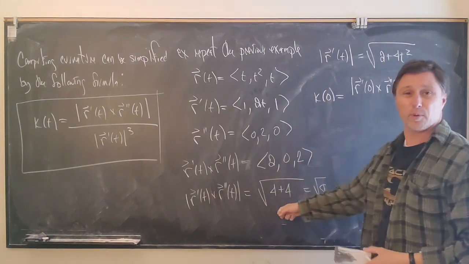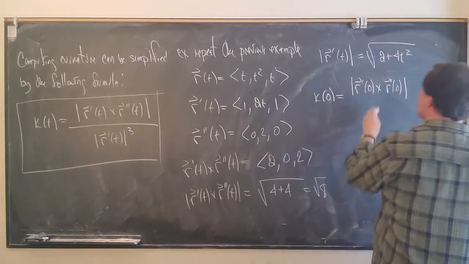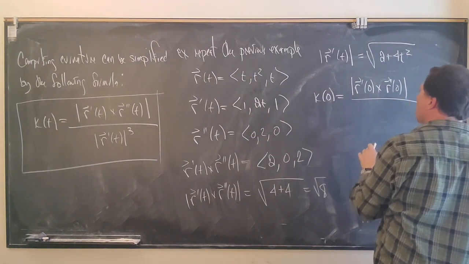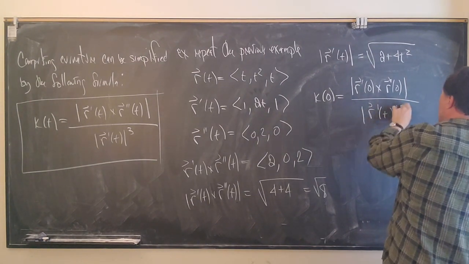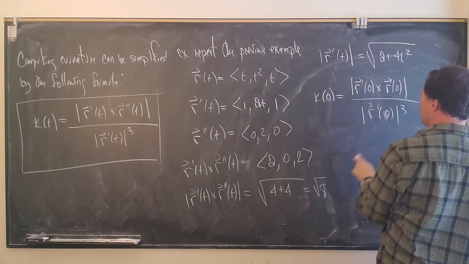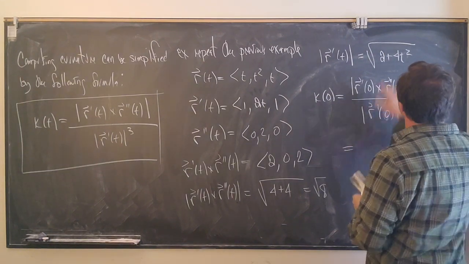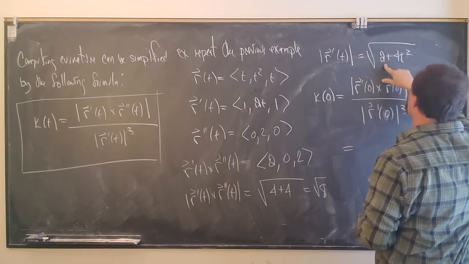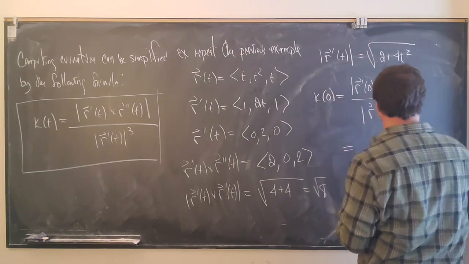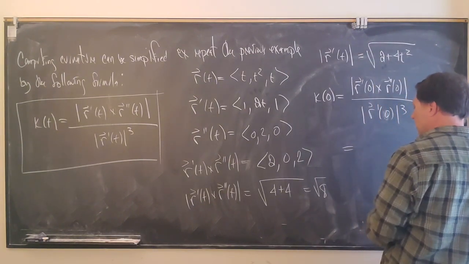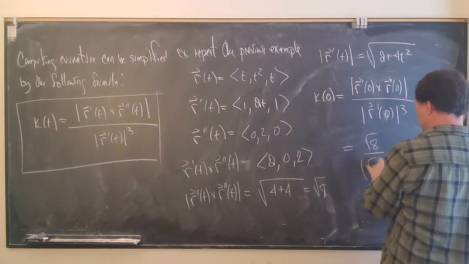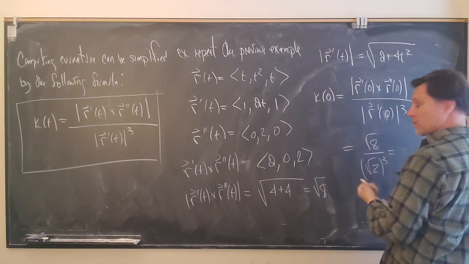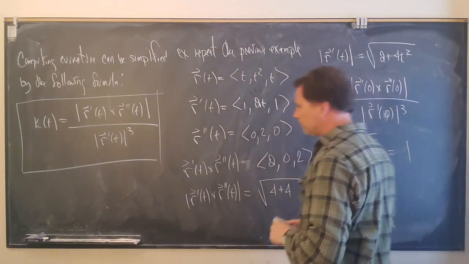There's no variable here, so it just gives us the square root of 8, divided by the magnitude of r prime of 0 cubed, and r prime of 0 is the square root of 2 cubed. So what do we get? We get square root of 8 divided by square root of 2 cubed, which is exactly square root of 8. So we get 1.